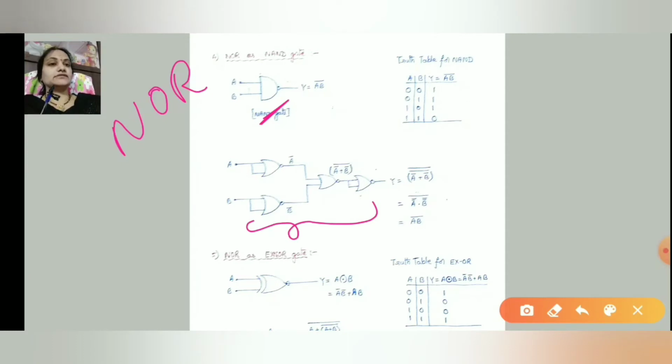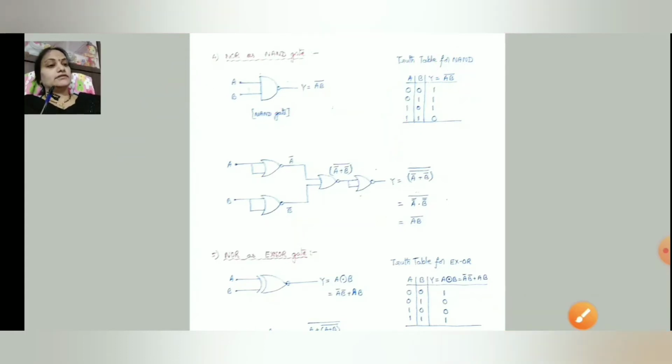The output is the whole complement of the product of two inputs, that is A and B. So, this is the expression we have to bring from the circuit constructed by the NOR gates.